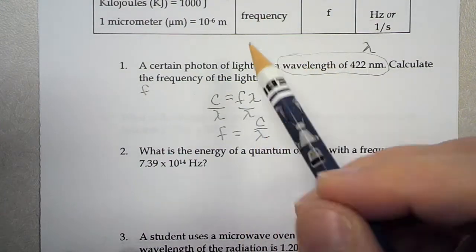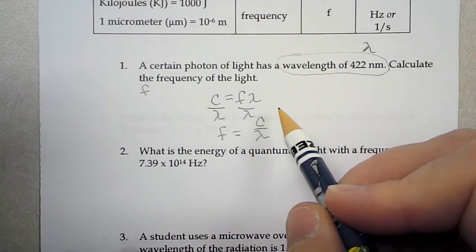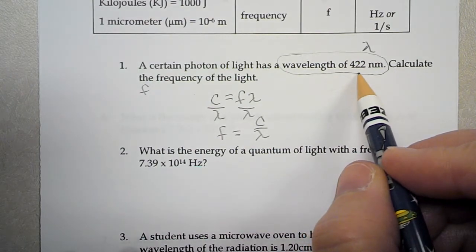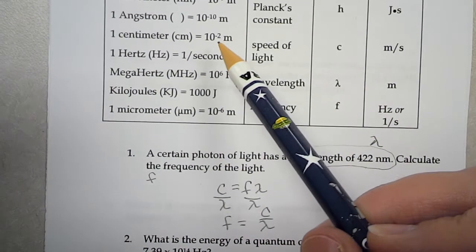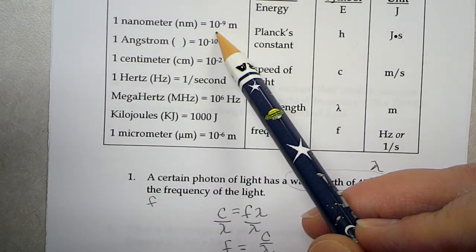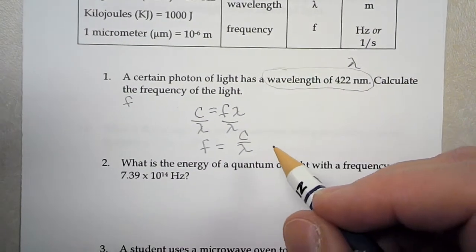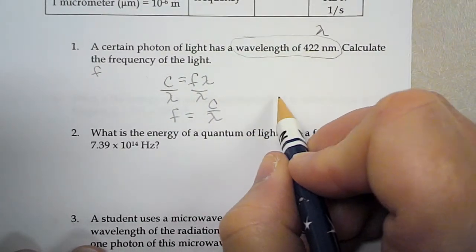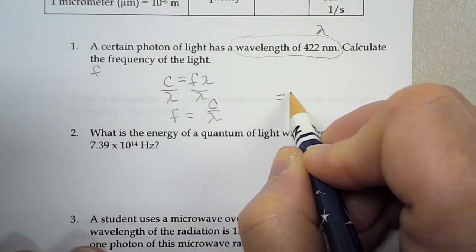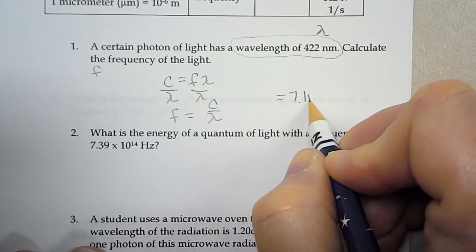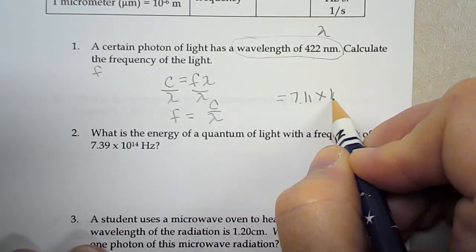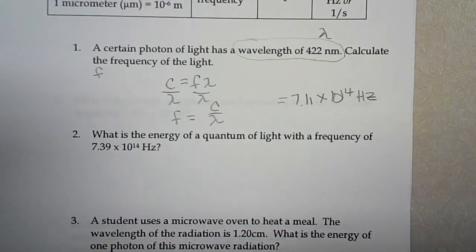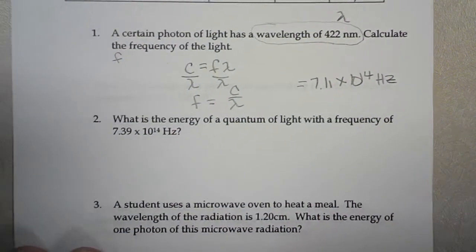When you plug in the speed of light, which is meters per second, and then divide it by 422 nanometers, you also have to convert from meters to nanometers using the conversion here: 1 nanometer is 10 to the negative ninth meters. When you complete all of that in your calculator, you get 7.11 times 10 to the 14th hertz. Be sure you show all your work. There are 3 significant digits.